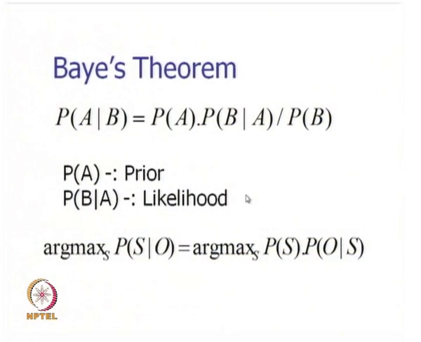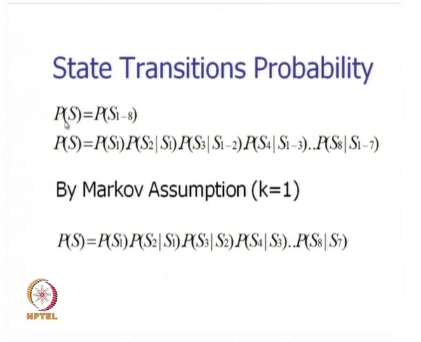So, after invoking the Bayes theorem, now we find that state transition probability, the prior, which is P(S), can be treated in the following way. P(S) is nothing but P of S from 1 to 8. So, this is actually a sequence P of S1, S2, S3 up to S8, and this can be written as P(S1) into P(S2 given S1), P(S3 given S1 and S2), P(S4 given S1, S2, S3) and so on. The final probability is P(S8 given S1, S2 up to S7).